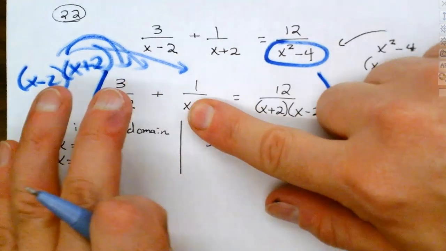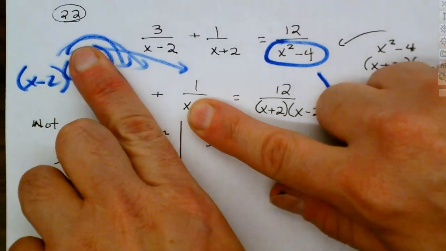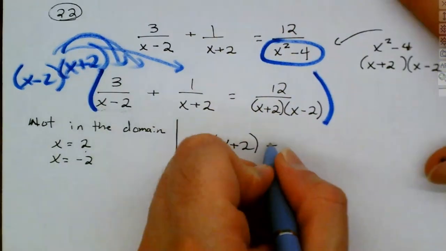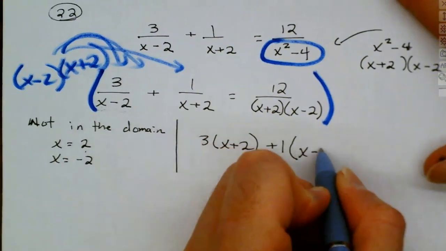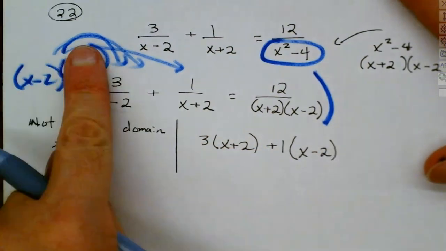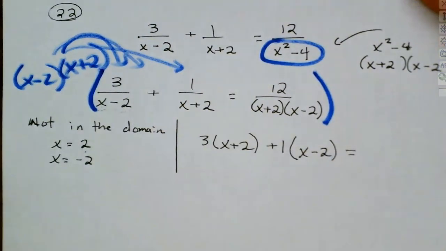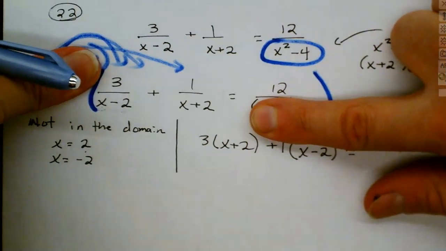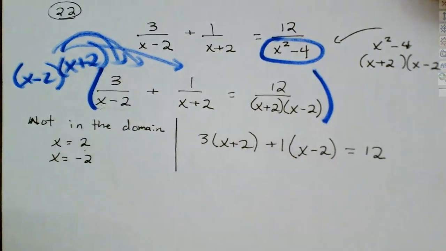The x plus 2 and the x plus 2, they do what? So what's left over? 1, yep, times x minus 2. And you can put the 1 there or not. It doesn't matter. So x minus 2 there, because the plus 2 is canceled, right? And what happens on the right-hand side? Those completely cancel, don't they? So what's left over on the right-hand side? 12. Now we've got something that we can now solve.